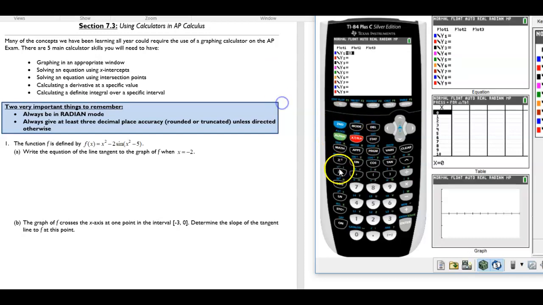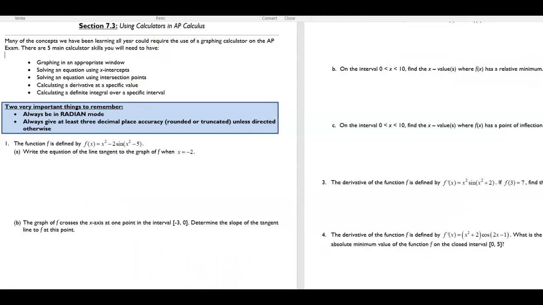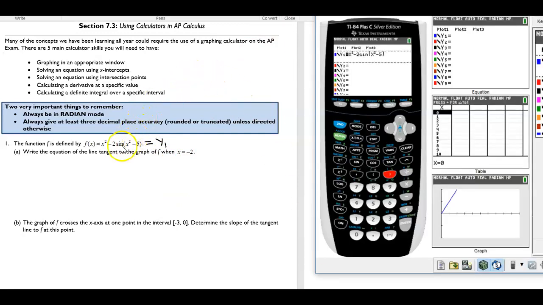So I have x squared minus 2 sine of x squared minus 5. It's also good practice for you to write down what you save this as. So this I'm saving as y1, so I remember that. This is helpful if you have more than one function in your problem.